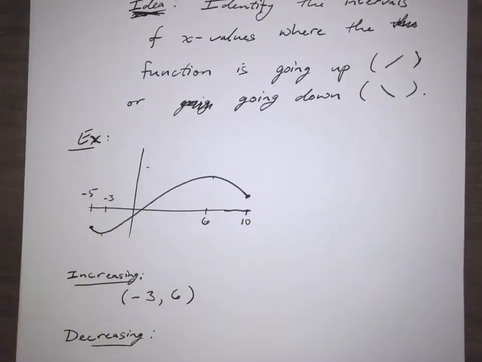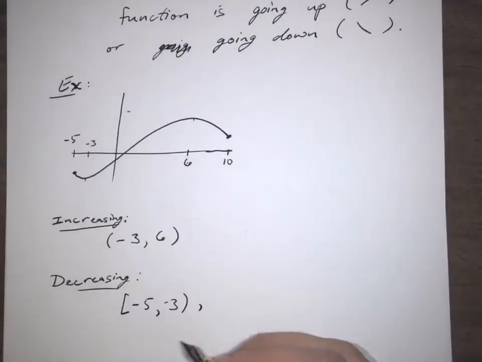The first interval goes from -5 to -3, and the -5, because of the dot, is included here, and then the -3 is not included, because it would be kind of awkward to have it included both as part of the increase and part of the decrease.